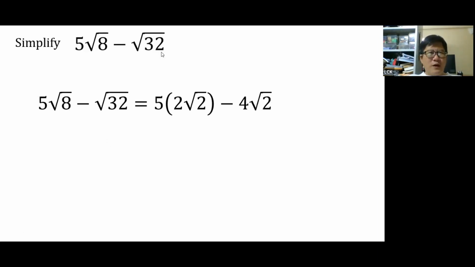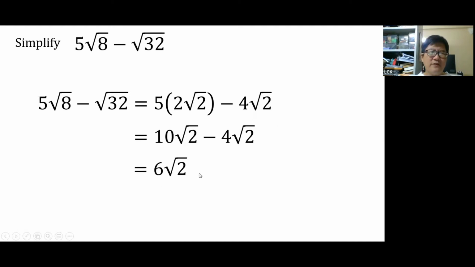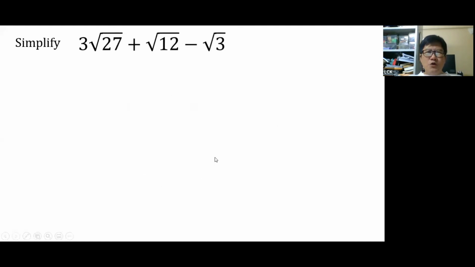So 8 has been converted to 2 square root 2, and 32, which is 16 times 2, when you bring 16 out of the square root sign, becomes 4 square root 2. I've simplified it mentally. 5 times 2 square root 2 is 10 square root 2, minus 4 square root 2. 10 of these minus 4 of these, you get 6 square root 2. Very simple.